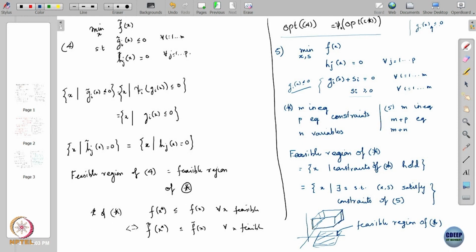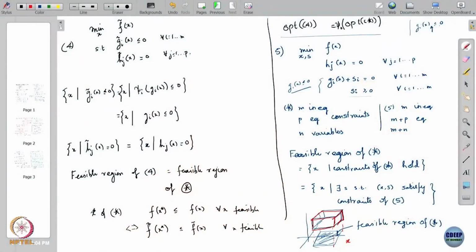So, the feasible region of star here is this flat square, whereas the feasible region of phi is this red 3-dimensional box, and it is such that if I take the shadow of this box, that is, look at its projection onto one of the variables, that gives me back the feasible region of star.